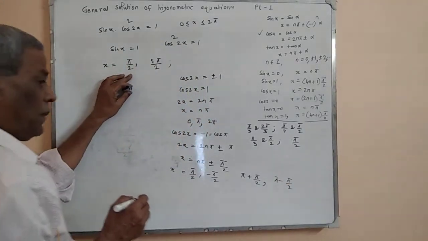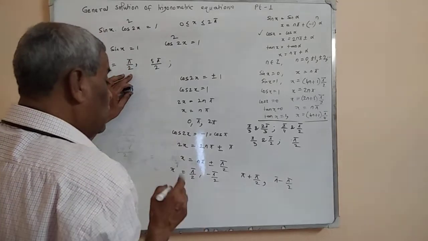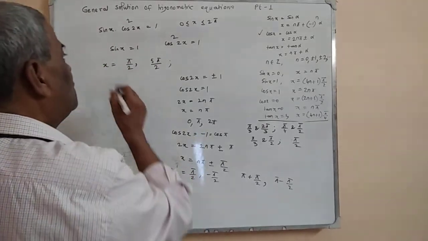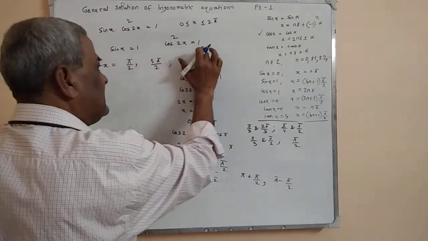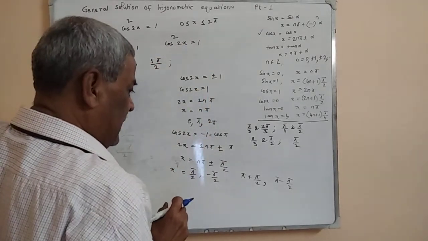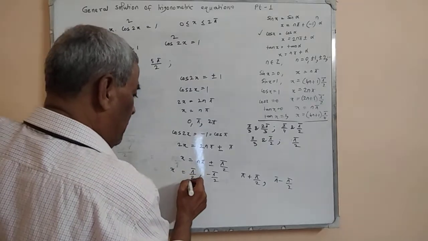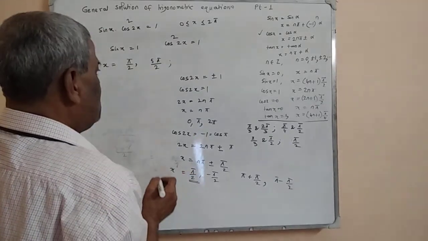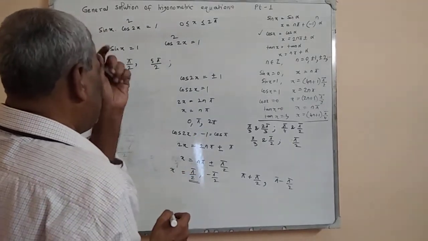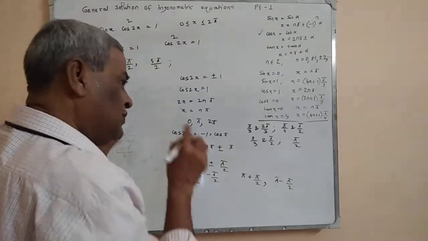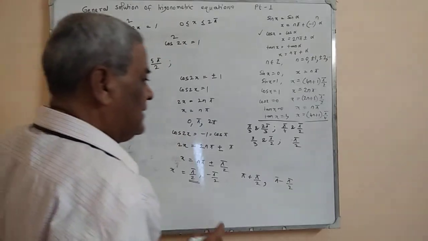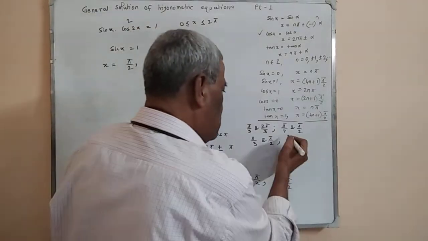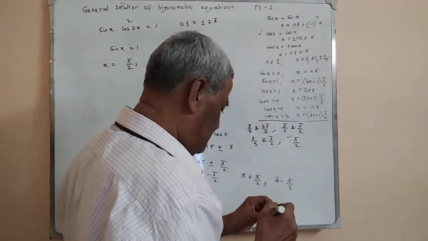Now you see, we have to take the common value which satisfies this equation as well as that equation. From there we see that only pi by 2 satisfies both the cases. x is equal to pi by 2 satisfies this case and that case. So our result is pi by 2. That is, this option is correct.